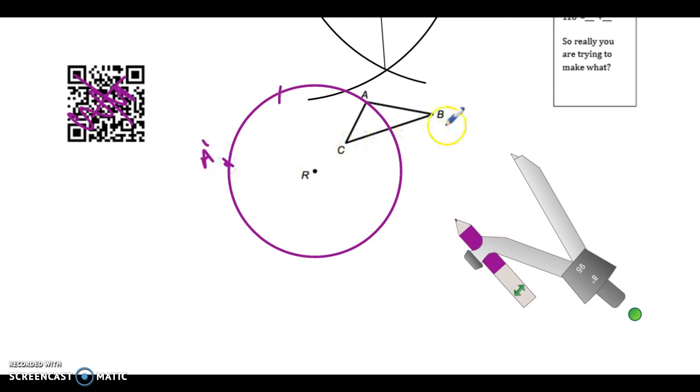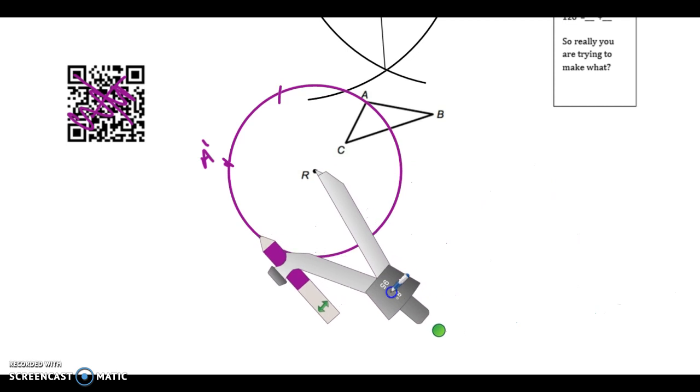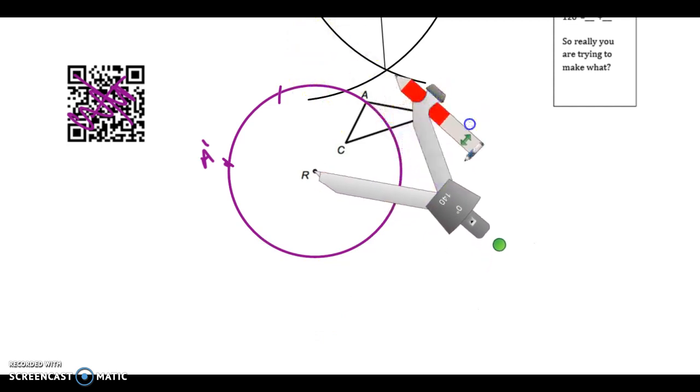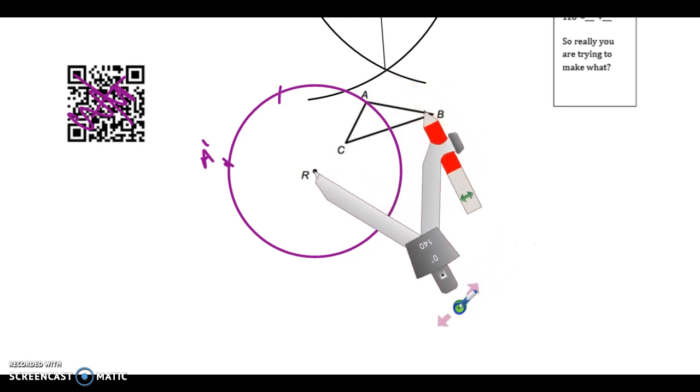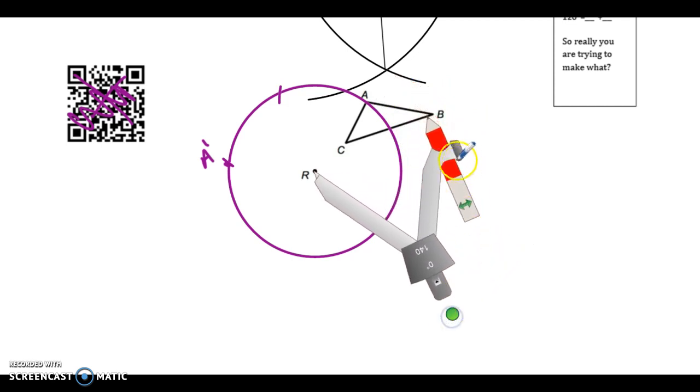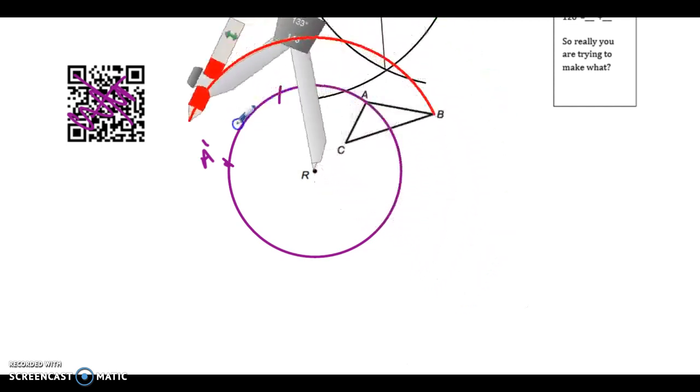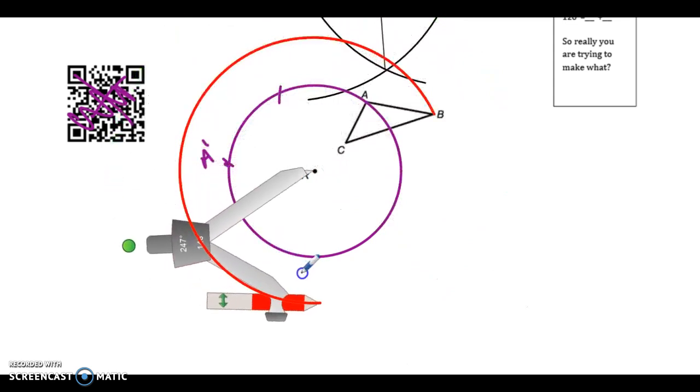You're going to do the same thing for B and the same thing for C. Obviously, when you do this, you're going to have a few concentric circles, meaning that they're going to share the same center point. Let me just show you for B. If I start with my point at R and my pencil at B, and I draw that circle, this is the circle that B should travel around.